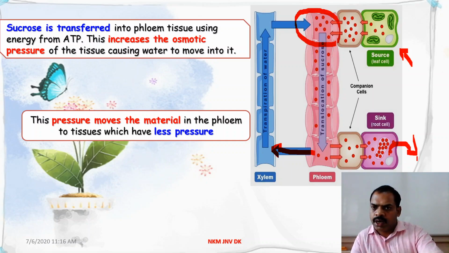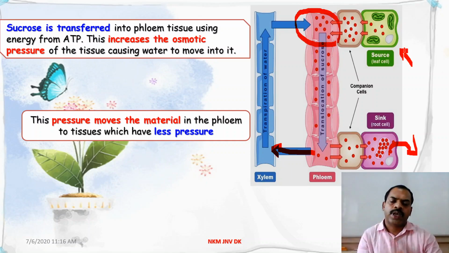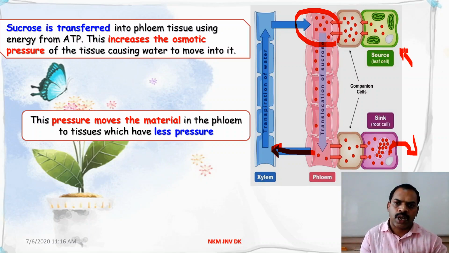So from here the starch converts back into sucrose, sucrose enters into the companion cell to the sieve tubes, and water from here, sucrose solution with higher osmolarity goes in this direction also, where it is required it is broken down into glucose and releases energy. So in both ways plants can transport the food items through phloem.